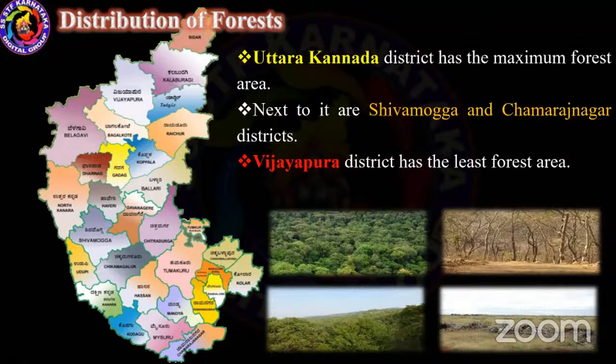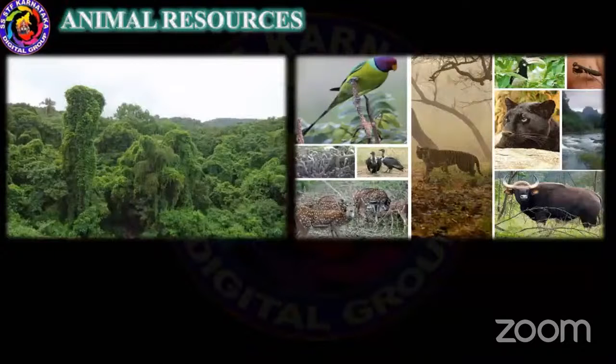Therefore, we have more responsibility to enhance the forest region. Being the people of Vijayapura, it is our duty to protect the trees and forest region. And also it is the duty of the government to encourage the people who show interest to enhance the forest area in this region.